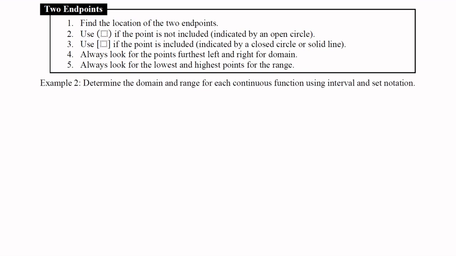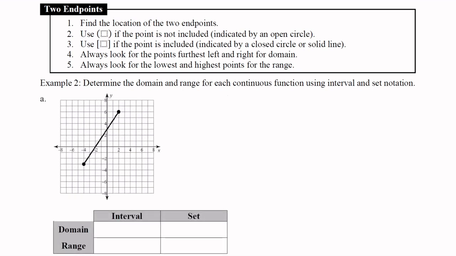We are going to determine the domain and range for each continuous function, and we're going to use both interval and set notation. So in A, we have a closed dot on both ends. For the domain, we're going to look most left. So our most left-hand value on the x-axis is -4. Our most right-hand value on the x-axis is 2.